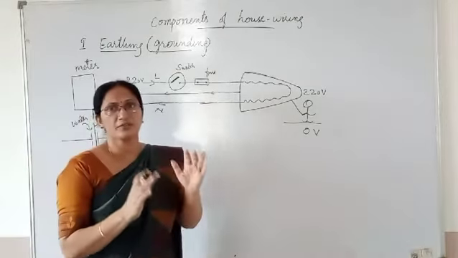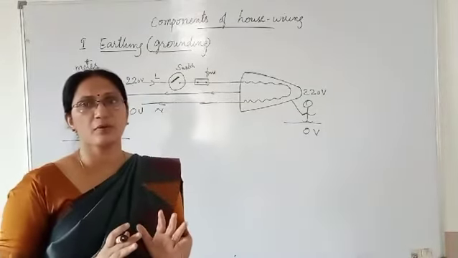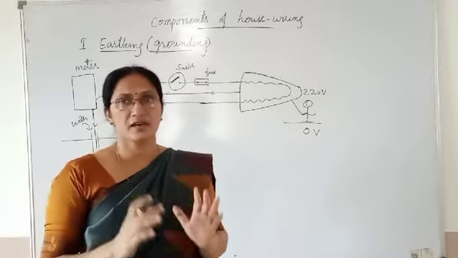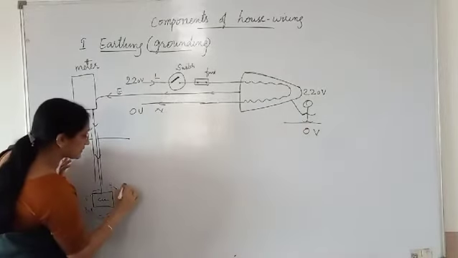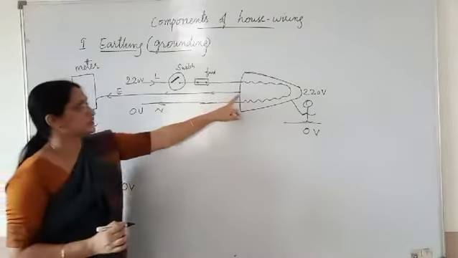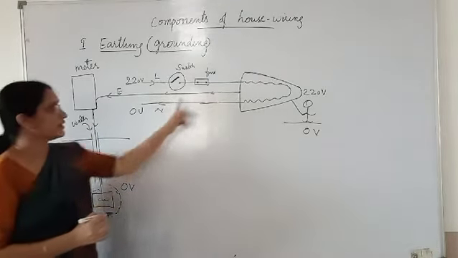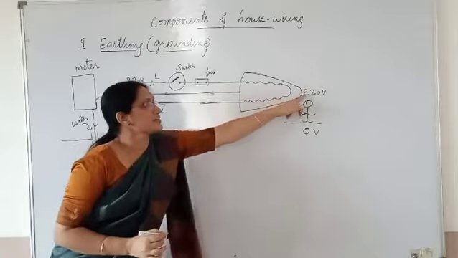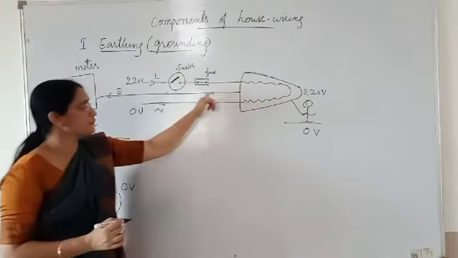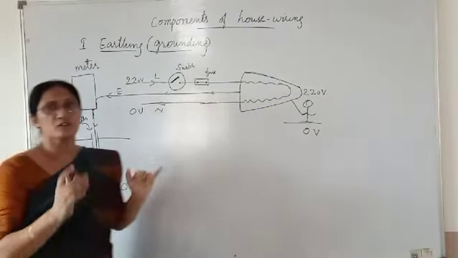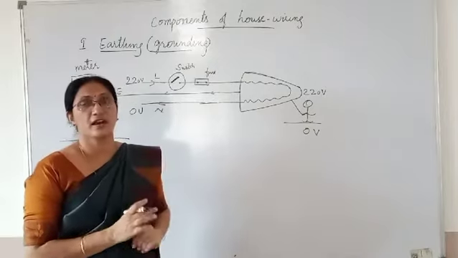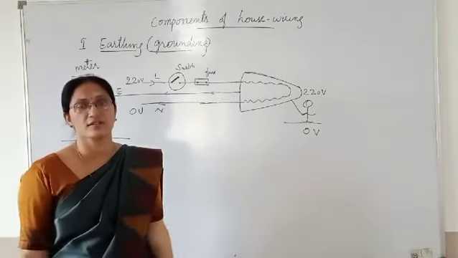That means if the live wire comes in touch with the body of the appliance, it gets high potential and earth is at low potential. Look at this earth wire: one end is at 0 volt, the other end is at 220 volt. So current will flow through this circuit. Because of the low resistance, the current in the circuit will rise all of a sudden.